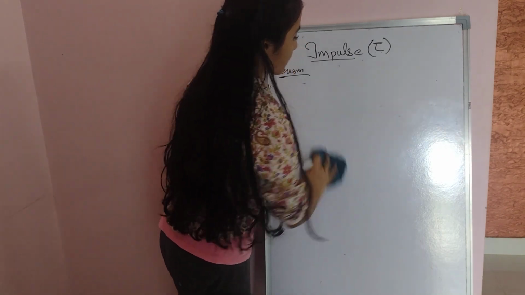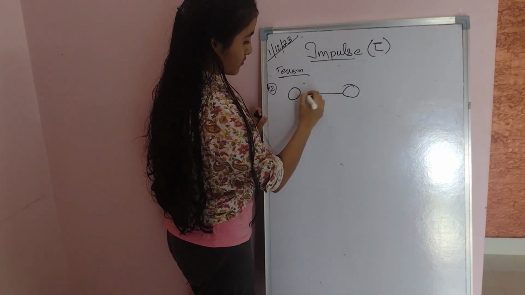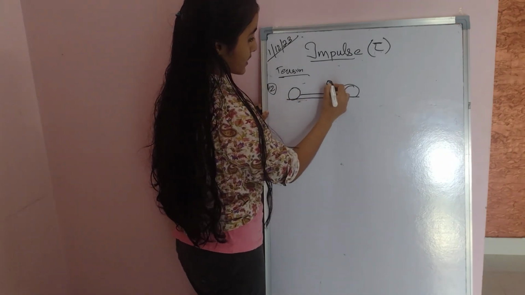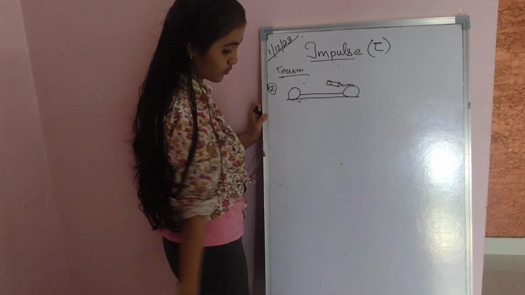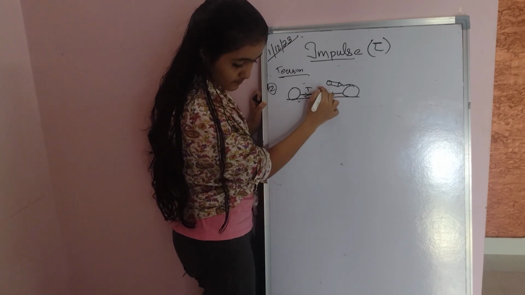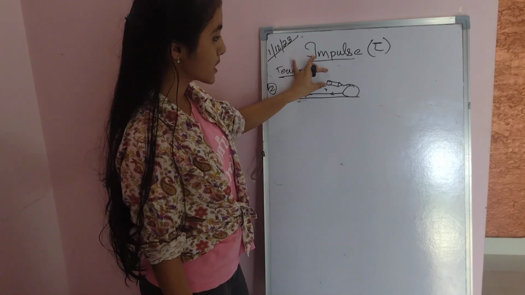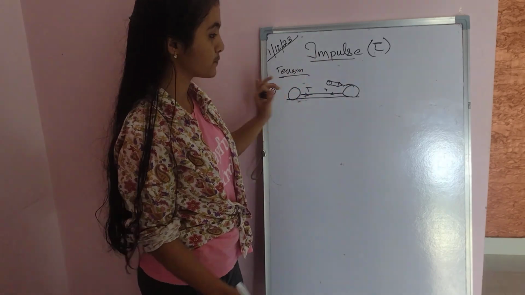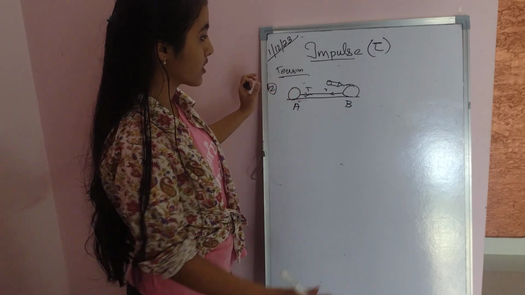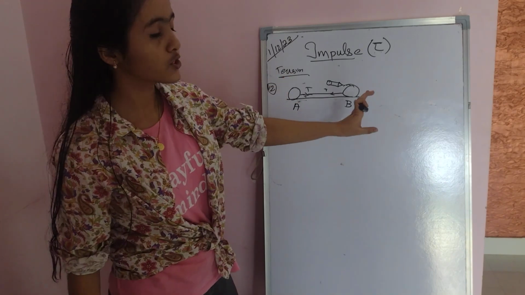Okay, next we are considering a joined system, when both ends are fixed. When both ends of a ball are fixed by a string and a bullet is fired like this, this has a tension T. When a bullet is fired, it gets embedded in the ball B, and when it gets embedded, ball B moves in that direction, pulling the ball A towards that direction.